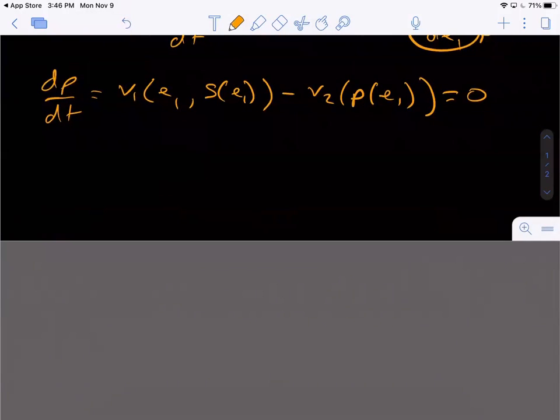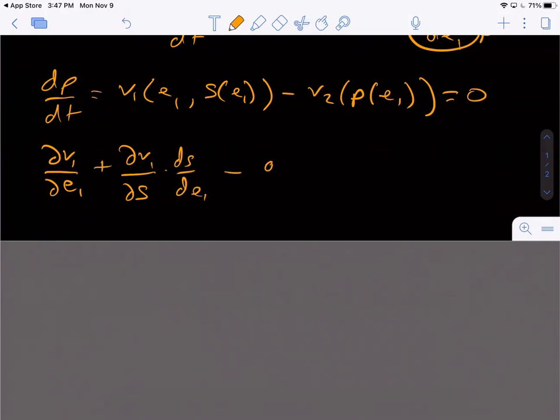So let's do that. The right-hand side was 0, so I just get 0 there. But the left-hand side I can differentiate. So dV1 by dE1 plus dV1 by dS, and then by the chain rule, dS by dE1, minus dV2 by dP, and then again by the chain rule, dP by dE1, equals 0.